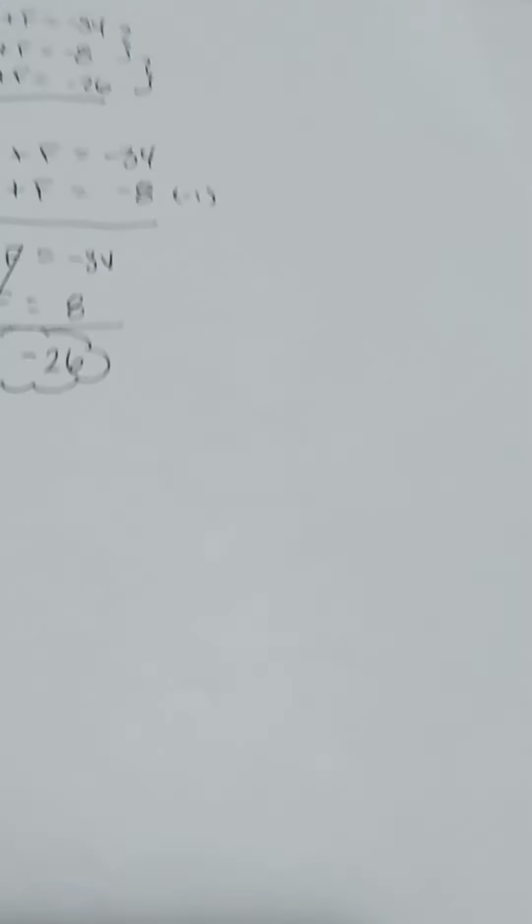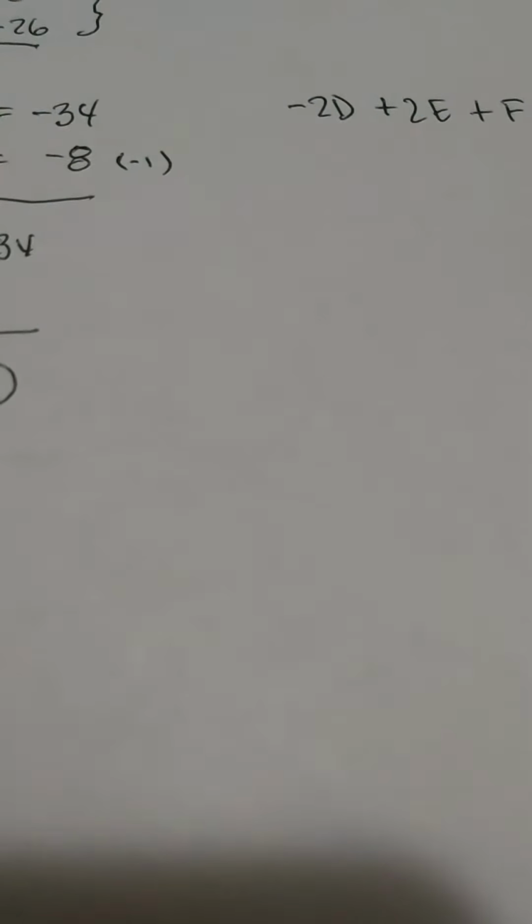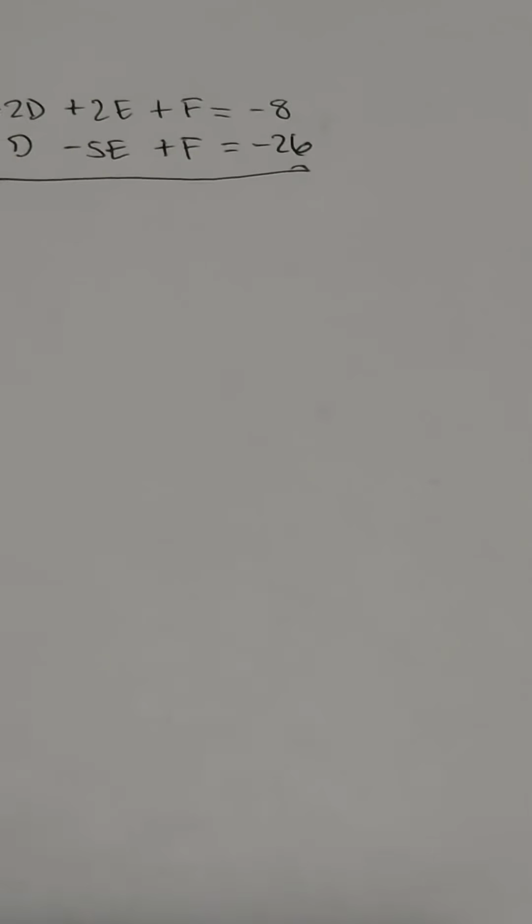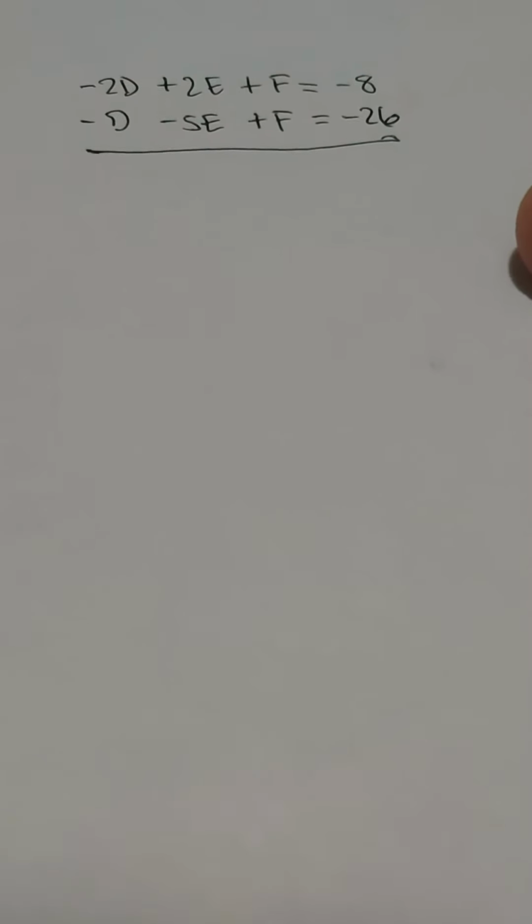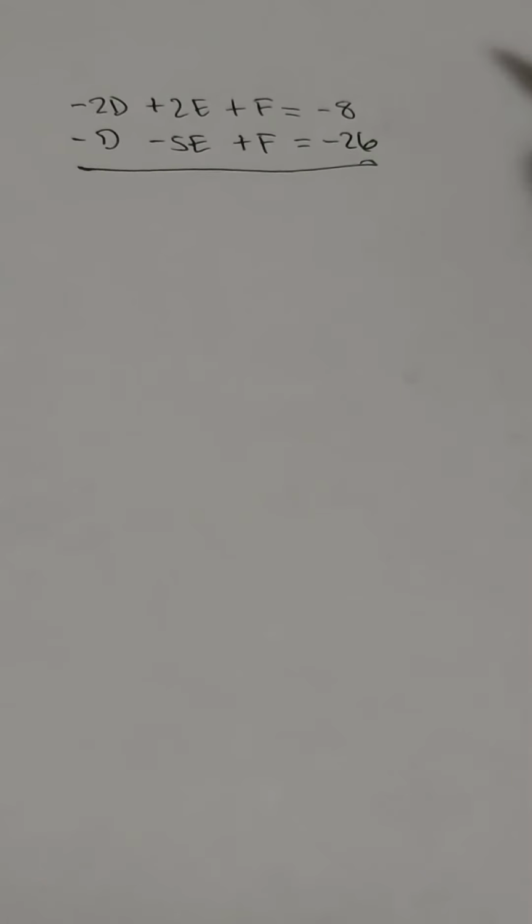Second step, we use the middle equation and the last equation. So we get negative 2d plus 2e plus f equals negative 8. Negative d minus 5e plus f equals negative 26. Since we canceled f in the first step, we're going to cancel f again by multiplying both sides by negative 1.